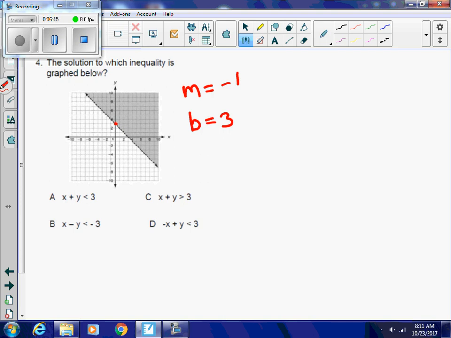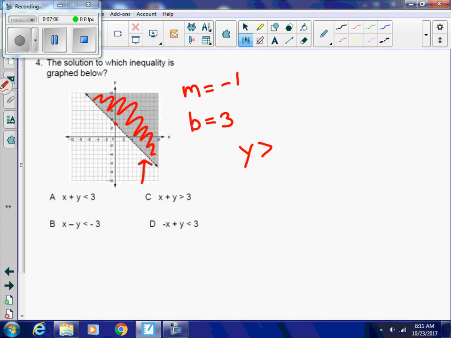So if you know that, you can write your equation in slope-intercept form. Instead of y equals, since it's an inequality, we'll use an inequality. We can look at the dotted line and know it's not going to have an equal bar underneath. And we also know that it's shaded above, so that's a greater than.